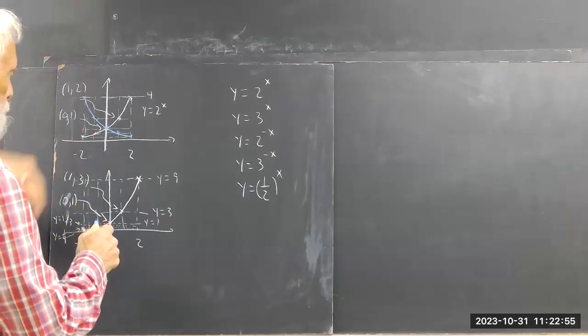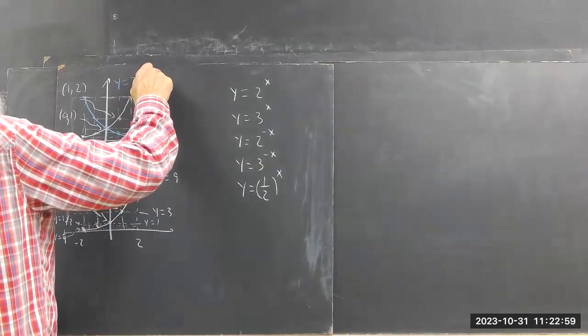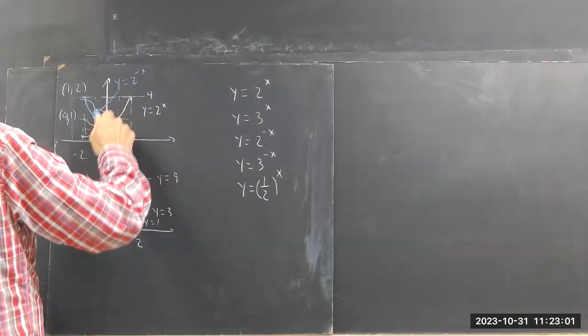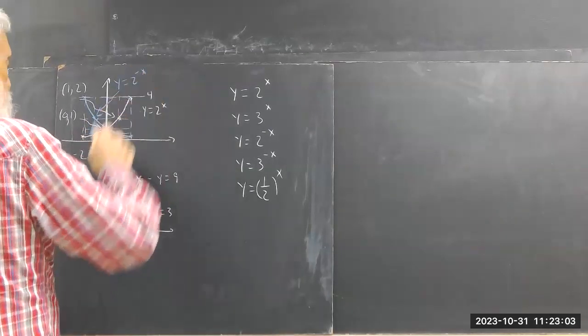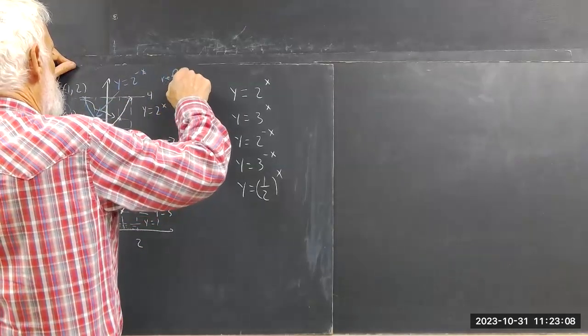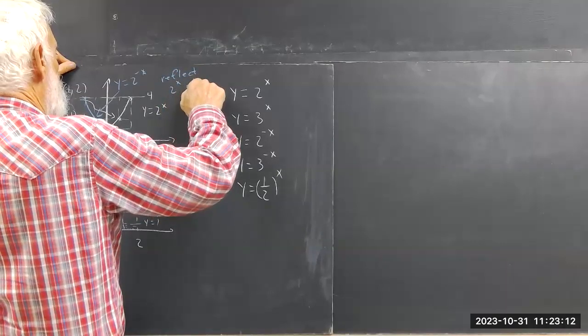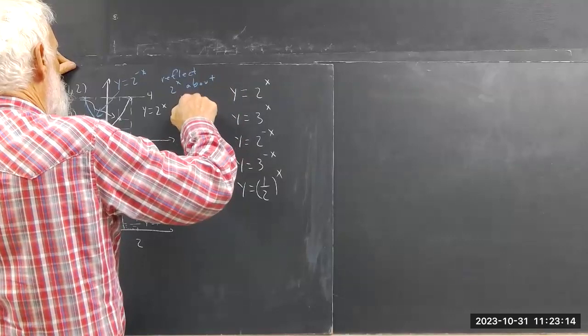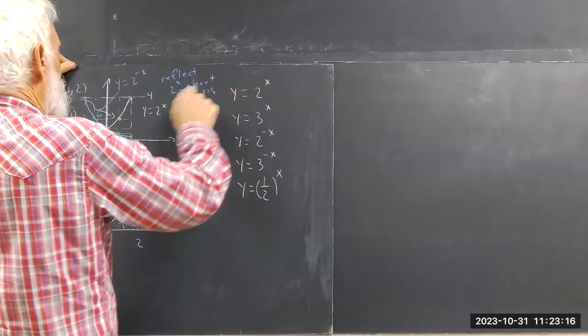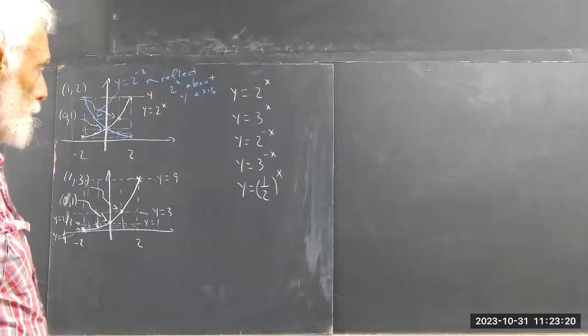And we can do that inside the same square if we wish. And there's a reflection. Make a note that to get this one, we just reflect 2 to the x about the y-axis.